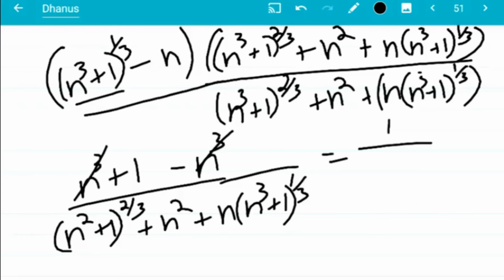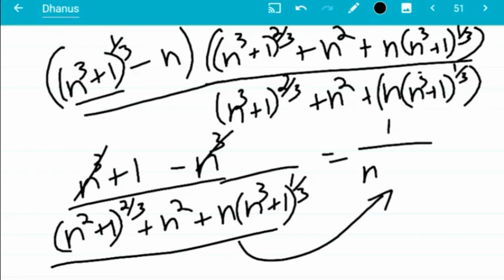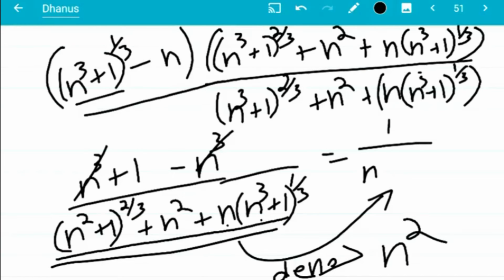But here the denominator is greater than n square, because all other terms are positive. This term is positive, this term is positive.